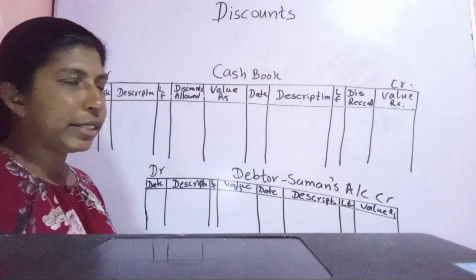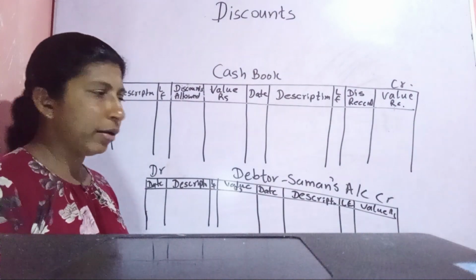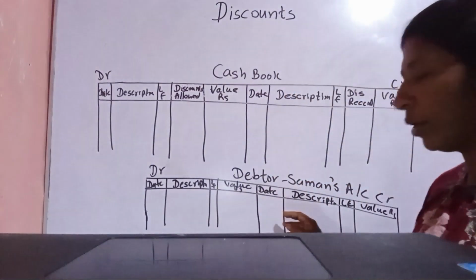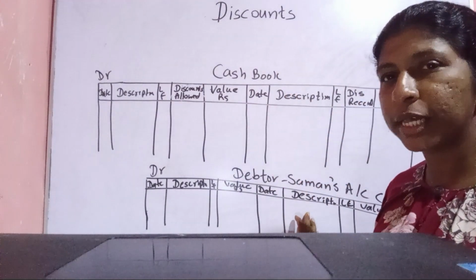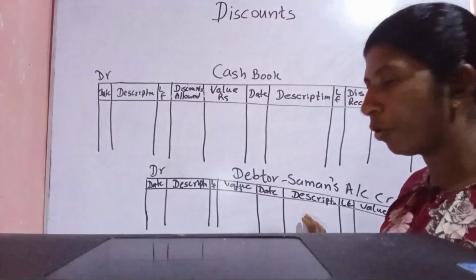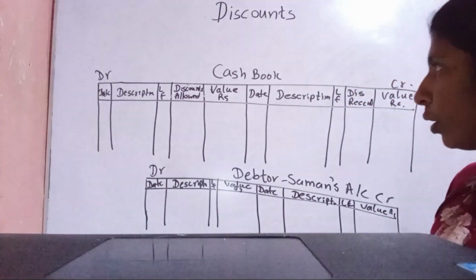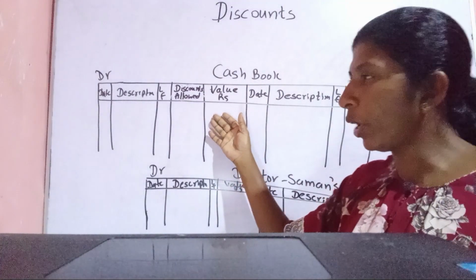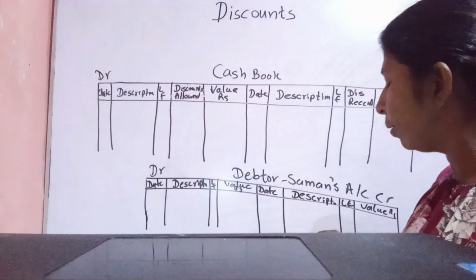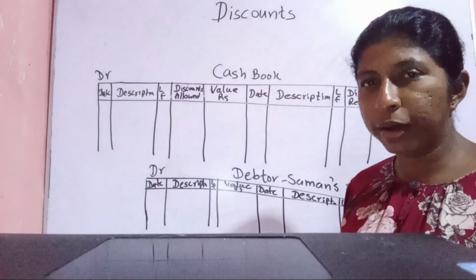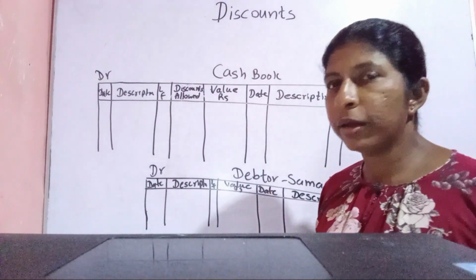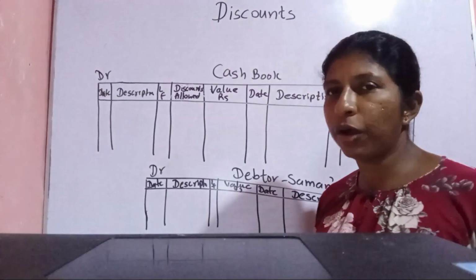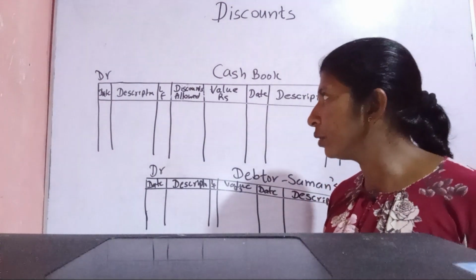When we record this transaction, you have to draw another account called debtor Saman's account. You can name this as Saman's account or debtor's account, no problem. Now we got the double entry as cash book or cash account debit and debtors account credit for that 9,000, and discounts allowed account debit and debtors account credit for that 1,000.